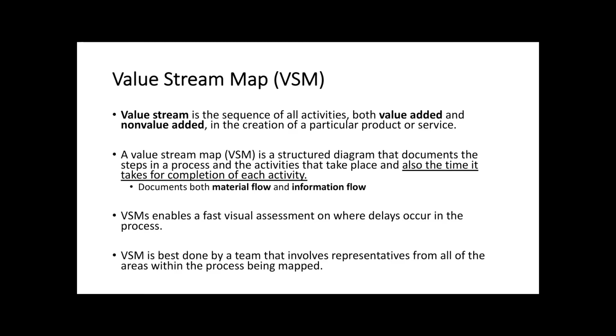Also, in a process map we mainly specify the material flow or patient flow, but in a value stream map we identify not only the material flow or patient flow, but also the information flow. Who is sending information, who is receiving information, where they send the information, and where they receive it from. We specify that on a value stream map as well. So as you can see, it's a lot more comprehensive compared to a process map.